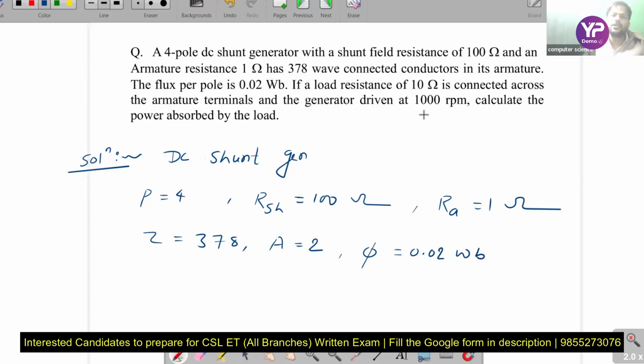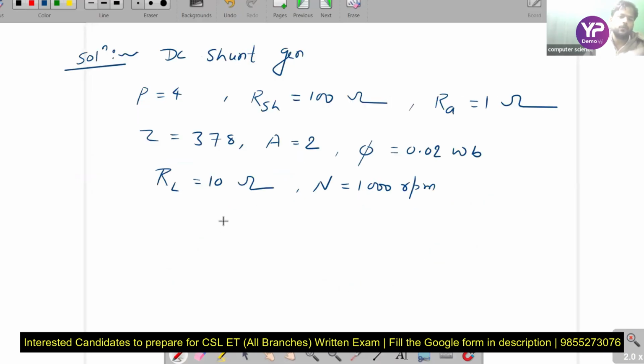If a load resistance of 10 ohm is connected across the armature terminals, and the generator is driven at a speed of 1000 RPM, calculate the power absorbed by the load.